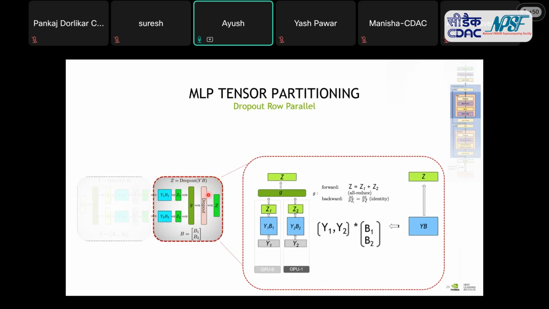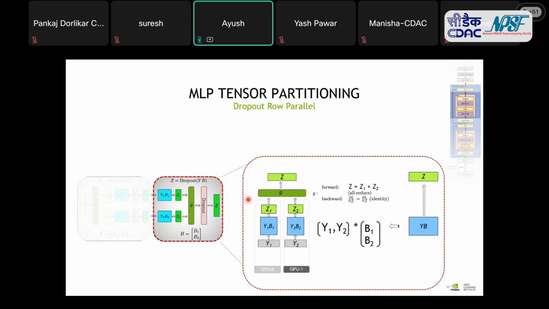This dropout operation, in contrast to the column parallel partitioning we saw for the A matrix, is a row parallel partition. Here, the forward pass requires an all-reduce, so we can sum the contributions from all shards, while the backward pass is identity.